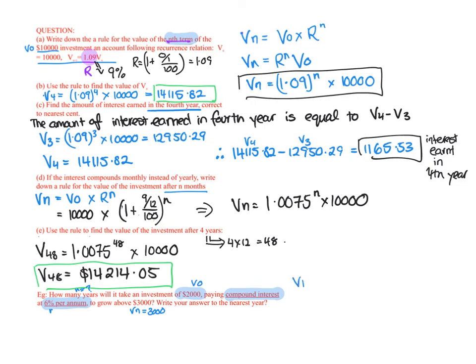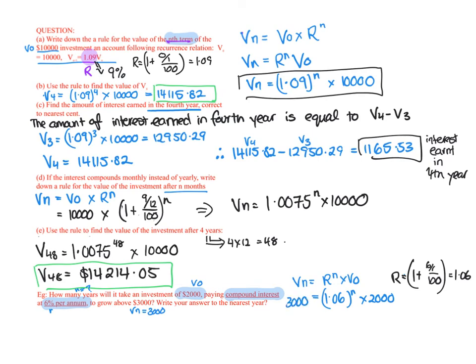So we're going to say Vn equals R to the power of n times V0. Over here, I'm going to work out what my R would be. R is 1 plus 6 over 100, so R ends up being 1.06. Back in here, I can write the formula 1.06 to the power of n times 2,000, and I want this value to be 3,000.